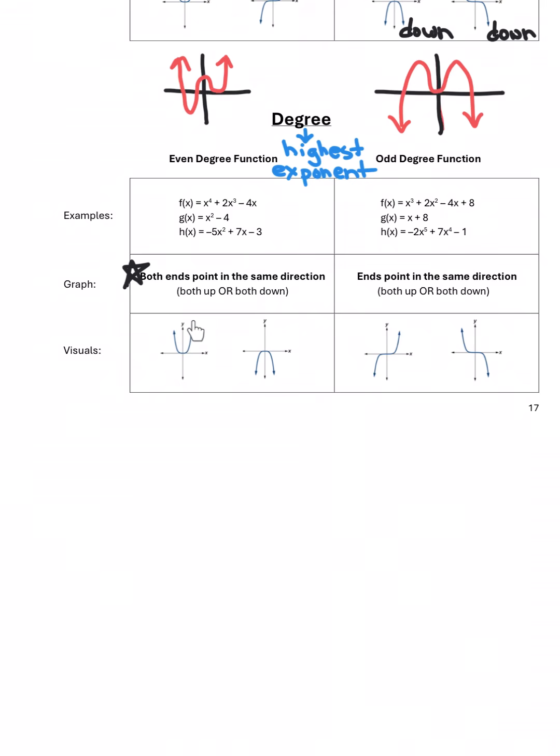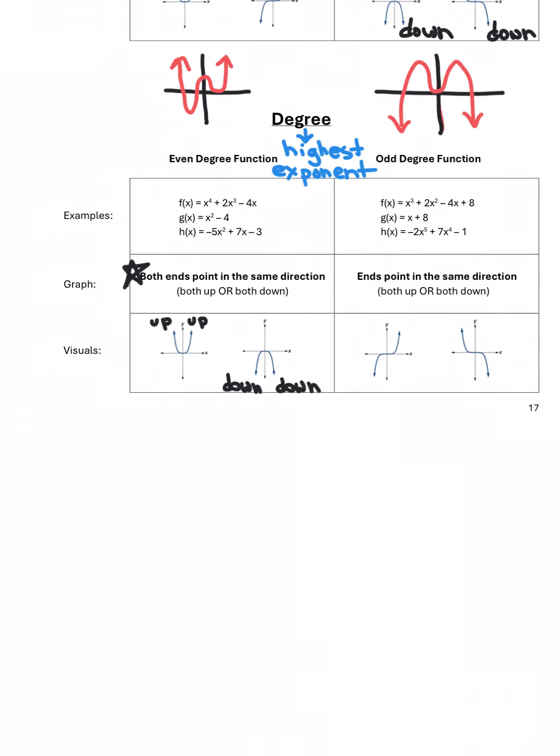They're both pointing in the same direction. Or look at this one. See these arrows, the one on the left and the one on the right, they're both pointing down. They're both pointing in the same direction. So, why don't we write this on our graph? Up, up, down, down. If they both point in the same direction, then we can tell that the biggest exponent of our function is going to be an even number.